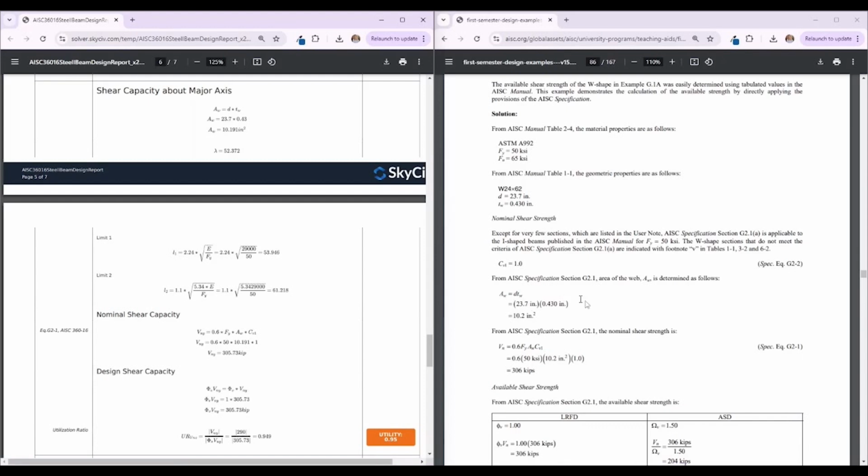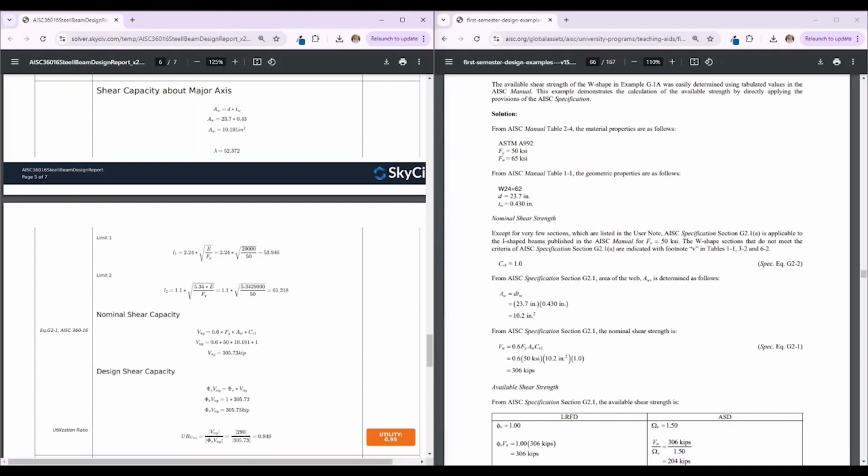The depth is 23.7 inches times the web thickness of 0.43 inches, and we get an area of the web that is 10.191 inches squared, which is rounded up to 10.2 inches squared in the AISC design example.